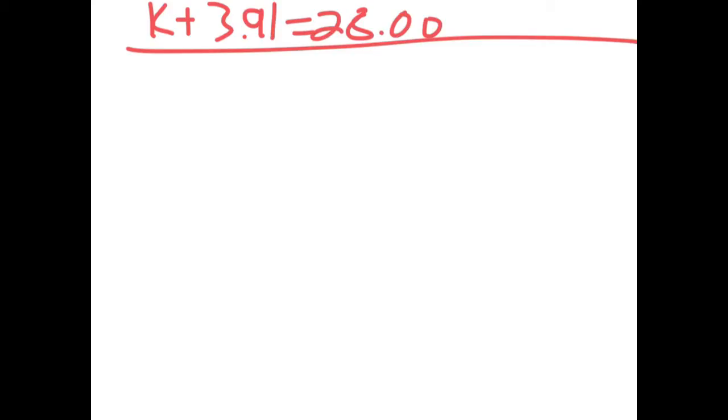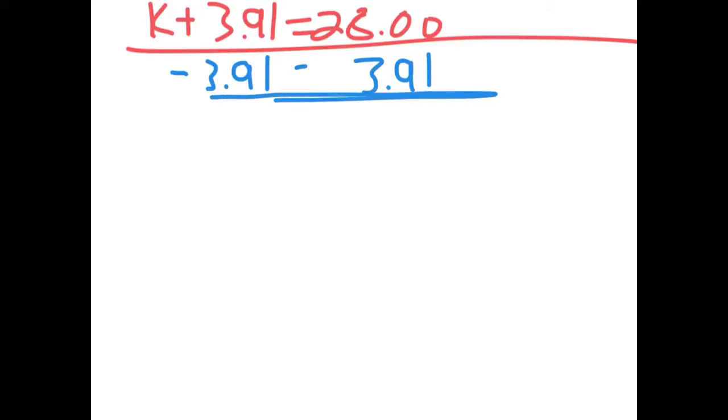For this problem, we will have to use the inverse property of subtraction. So, for this problem, K plus 3.91 would equal 28. So, for this one, you need to subtract 3.91 to get your answer of K. So on each side, show that you are doing 3.91, and then you really don't need this part over here anymore, because that will just confuse you.